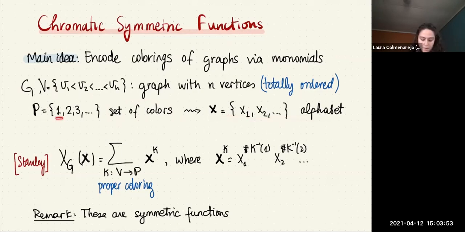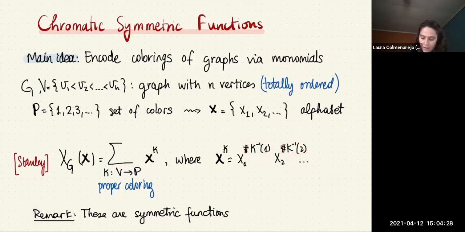So the color 1 represents the variable x1, color 2, the variable x2, etc. So what Stanley did to go from colorings of graphs into symmetric functions was saying, okay, for each proper coloring that I have of the graph, and I'm going to explain what is proper in a minute, I'm going to associate x to the k, where x to the k is just taking, okay, how many vertices are colored with color 1? How many vertices are colored with color 2? And we are going to keep those as the exponents.